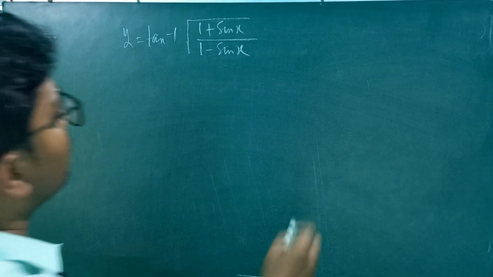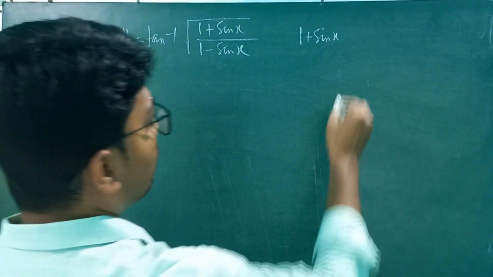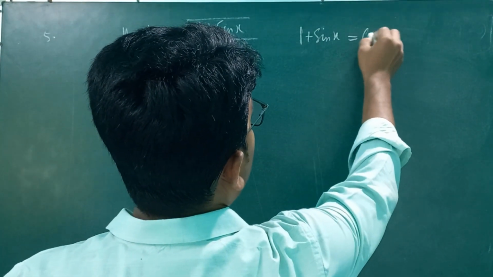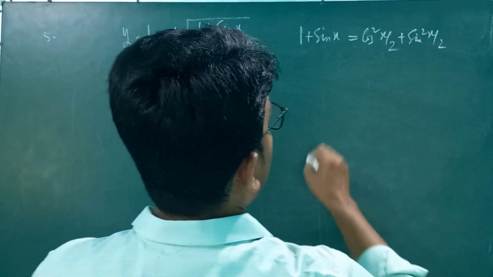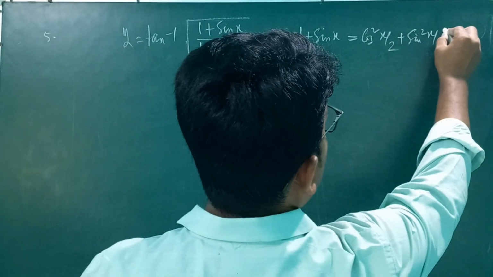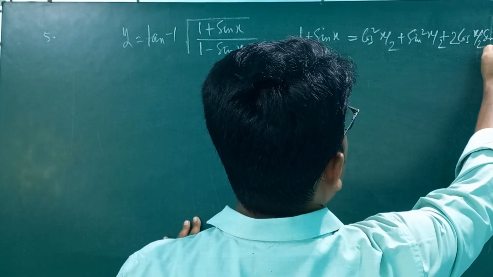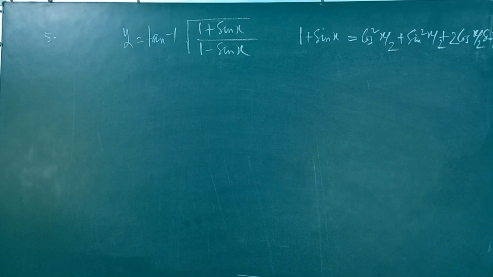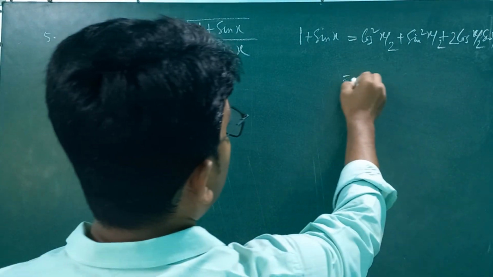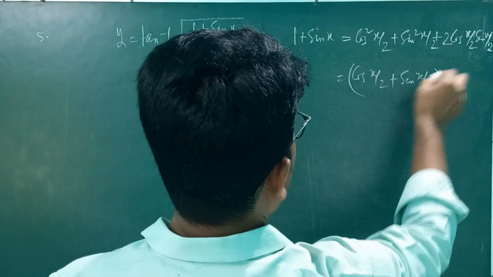Now see, what can we write as 1 plus sin x? 1 plus sin x, you can write as cos square x by 2 plus sin square x by 2 plus 2 cos x by 2 sin x by 2. So see, this is a perfect square. This one is cos x by 2 plus sin x by 2 whole square.